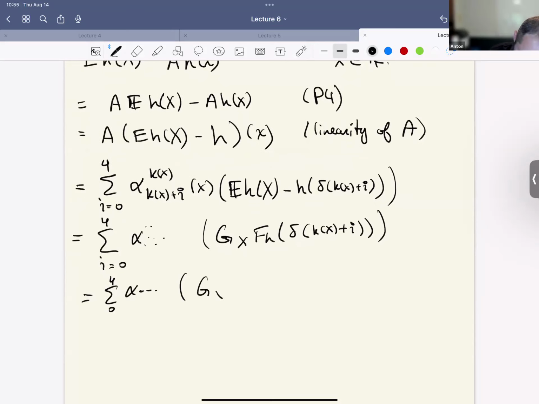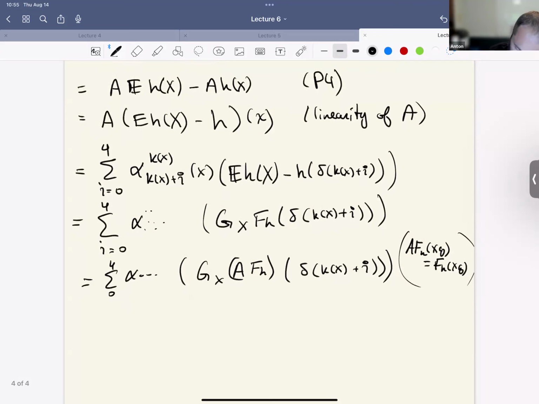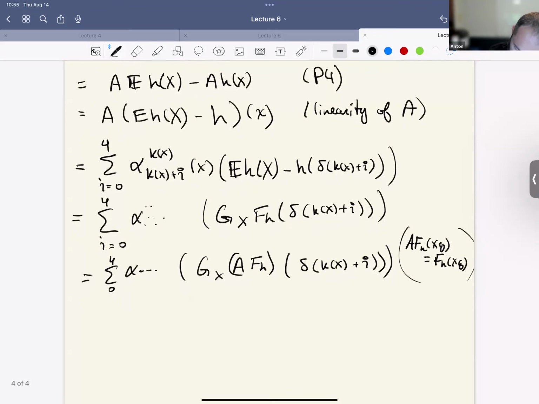Now G A f of h, maybe like this, at the grid points. So why is this allowed? This is allowed because A f h x sub q equals f h x sub q. That's why it's allowed. And I think I have enough parentheses.